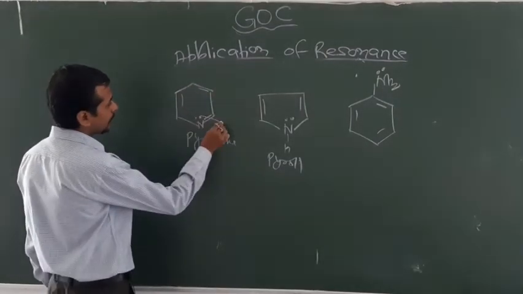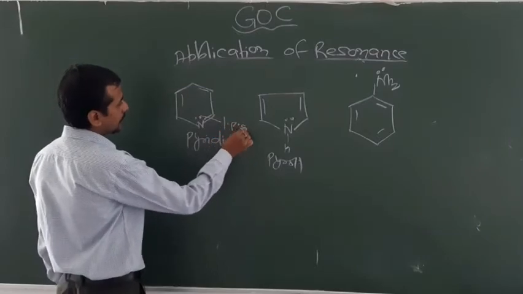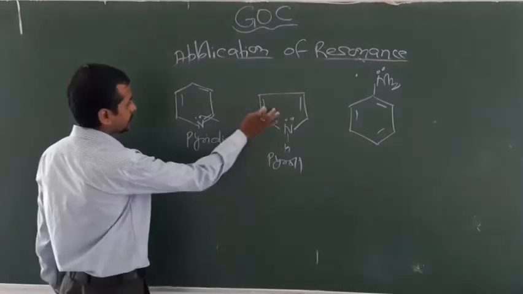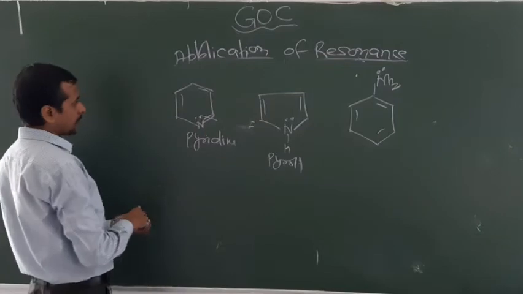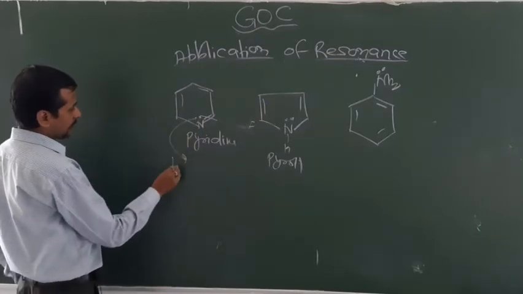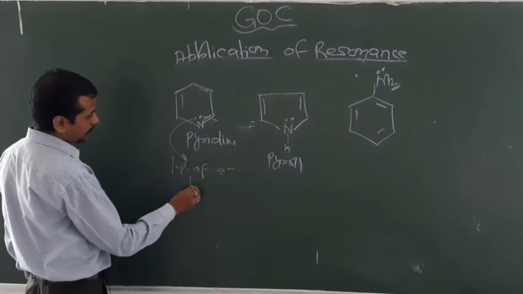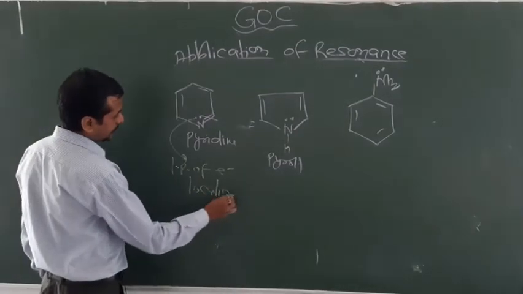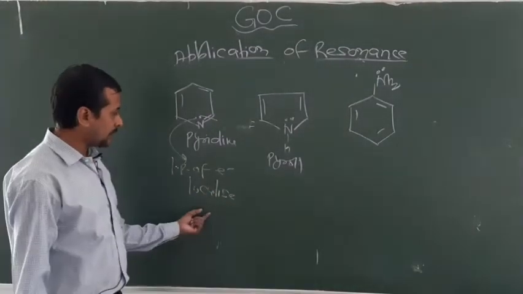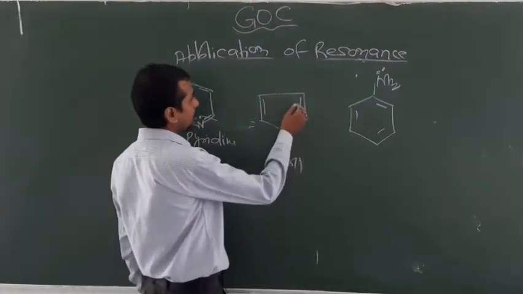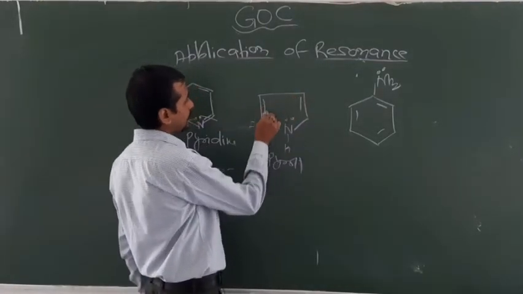So that's why this lone pair of electrons is localized, hence has more tendency to donate. Look here: double bond, single bond, double bond, single bond, lone pair.